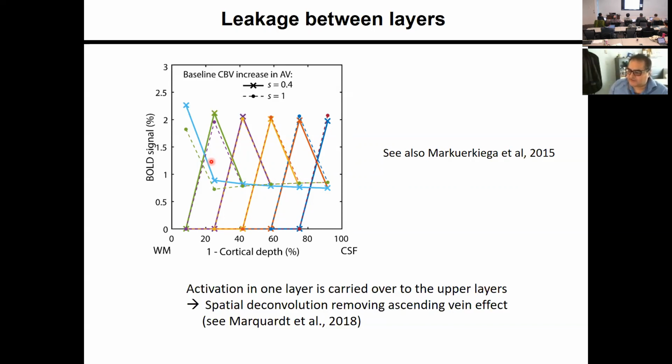Yes, it means there are many assumptions in the model of baseline physiology: what the blood volumes are, how the blood volume increases from one layer to the next, what the transit delay is, and so on. You have all these physiological parameters in the equation.